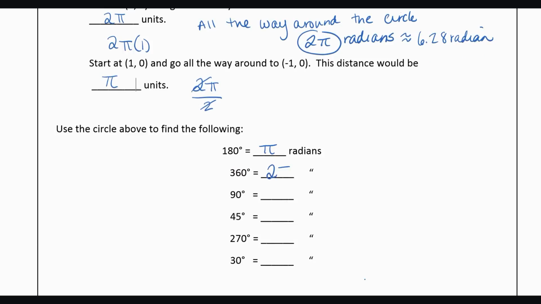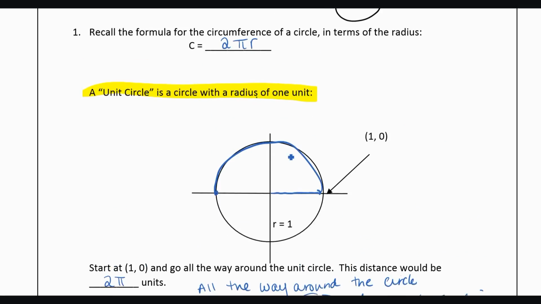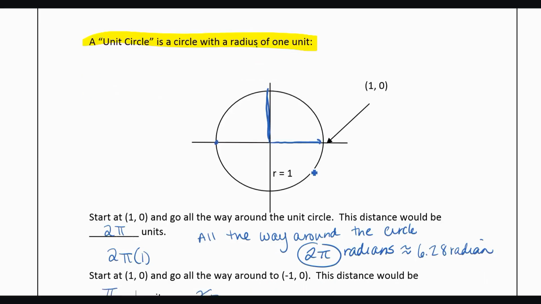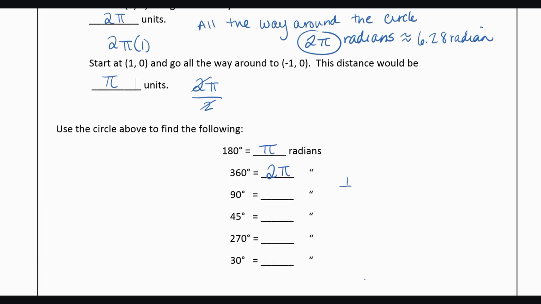We said that was 2 pi radians. 90 degrees is just going a quarter of the way around the circle. So it's just going this way around the circle. That would be half of our pi, so it would be 1/2 pi, which we can just write as pi over 2.